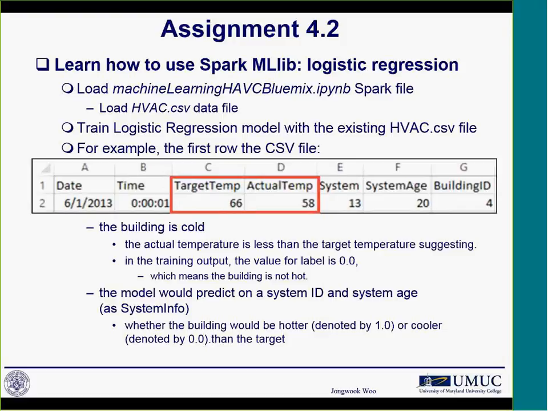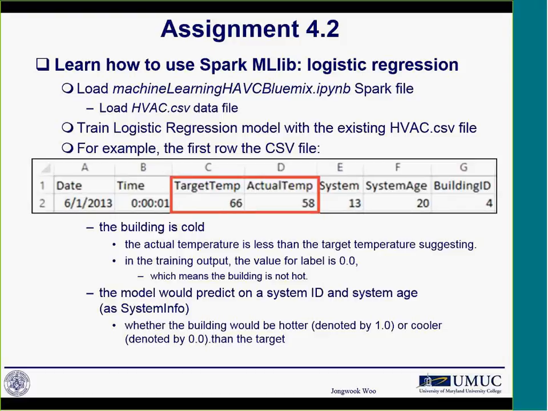So simply, again, using the existing data, we train the model, and then we select some test data to check if this model works well or not. The model that we built and trained should tell if the system's actual temperature becomes much colder or hotter than our target temperature.